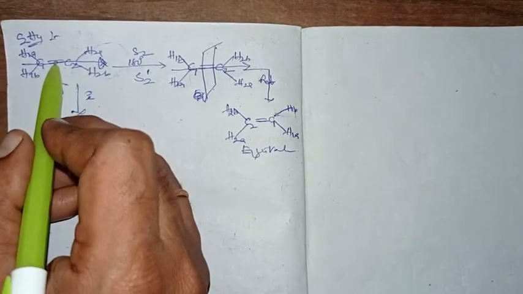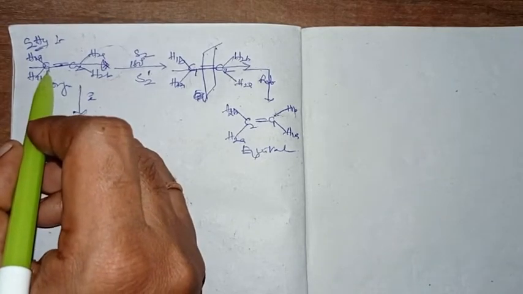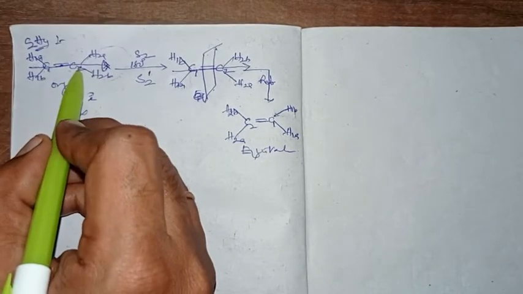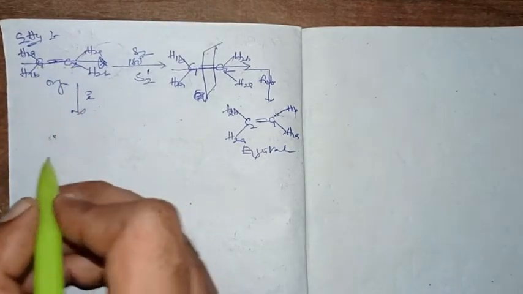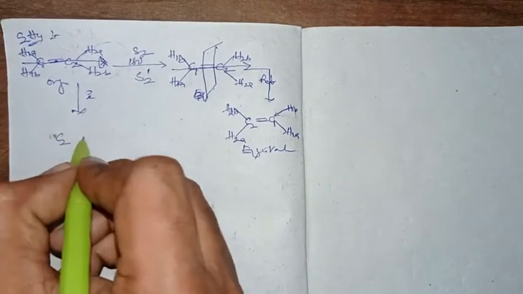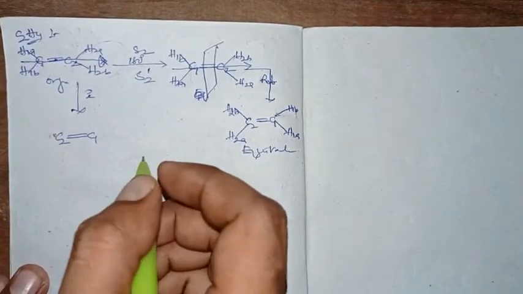So the left side carbon, when it inverts its position, reaches carbon 2, and carbon 2, when it inverts its position, reaches carbon 1. So carbon 2 and carbon 1 are exchanging their position, right?